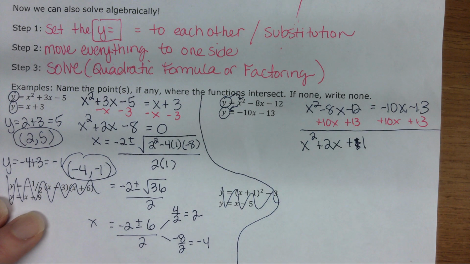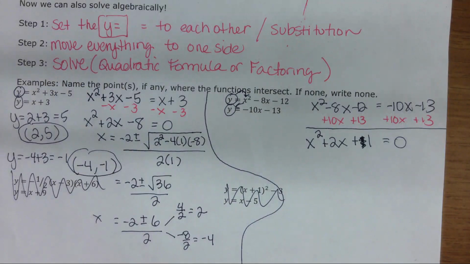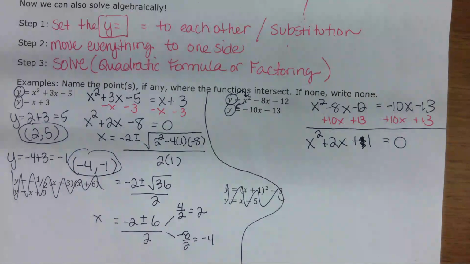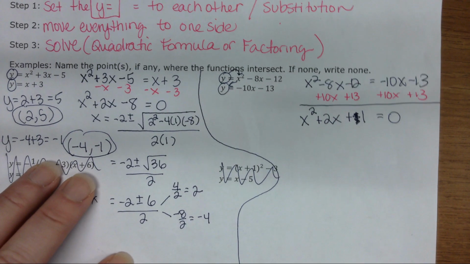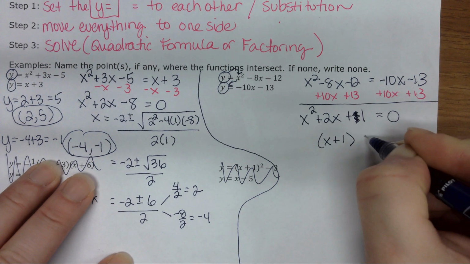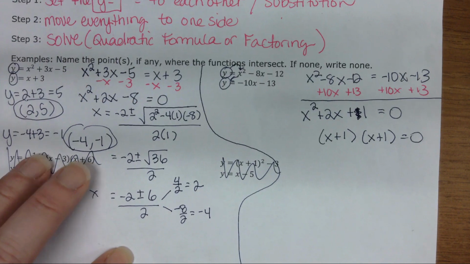Equals 0. Oh my gosh, guys. We have to factor this one. I can't. Sorry. What multiplies to be 1 adds up to be 2? x plus 1 times x plus 1, or that's the same as x plus 1 squared, we've learned, right?